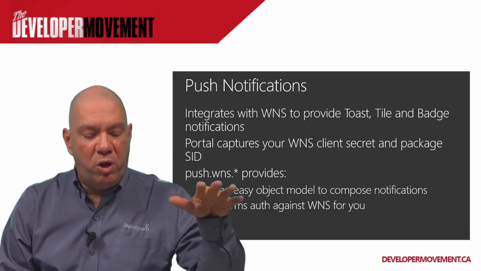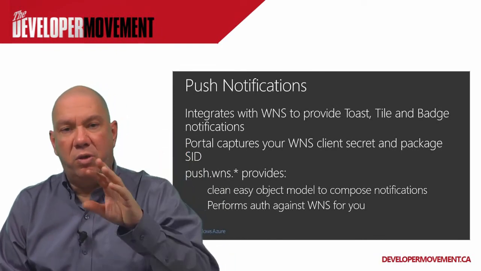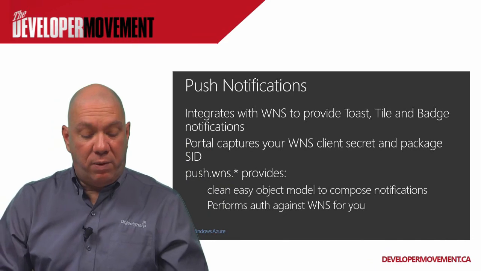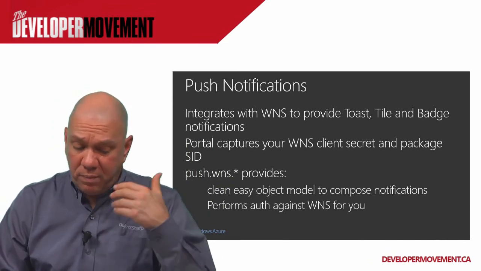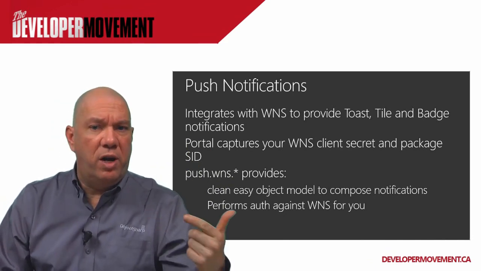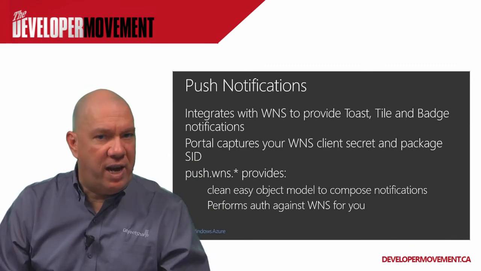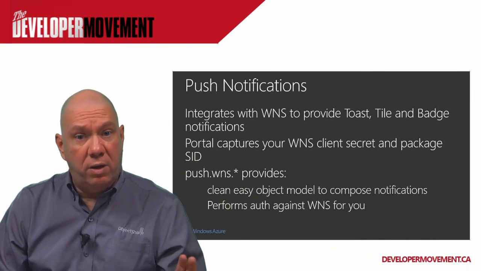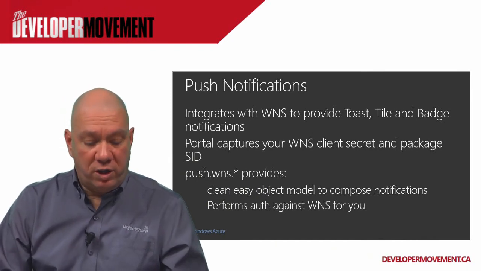It was push.wns.sendToast with the text and the images of what you need to push out there. You, as the writer of the server-side script, didn't have to handle the authentication. It's automatically handled as part of the method you called on push.wns.